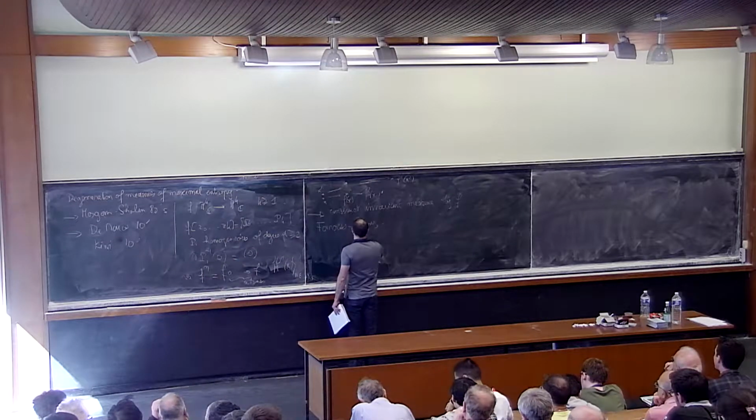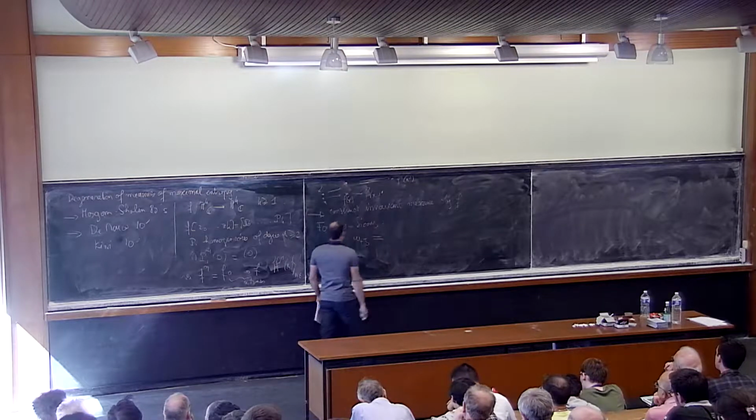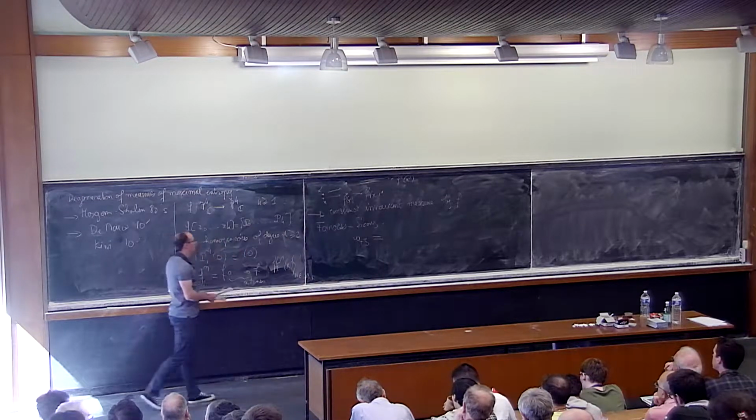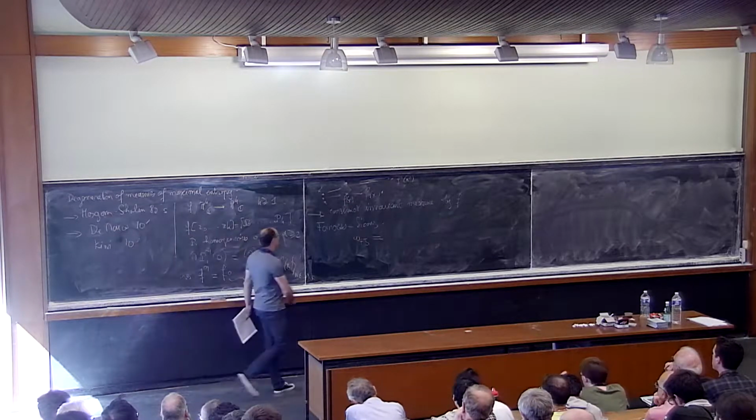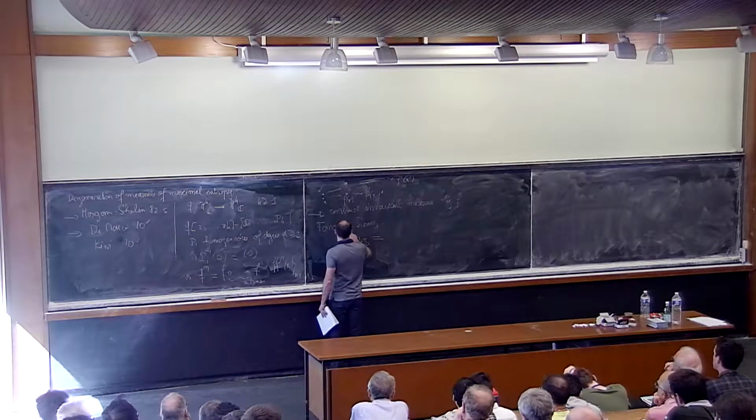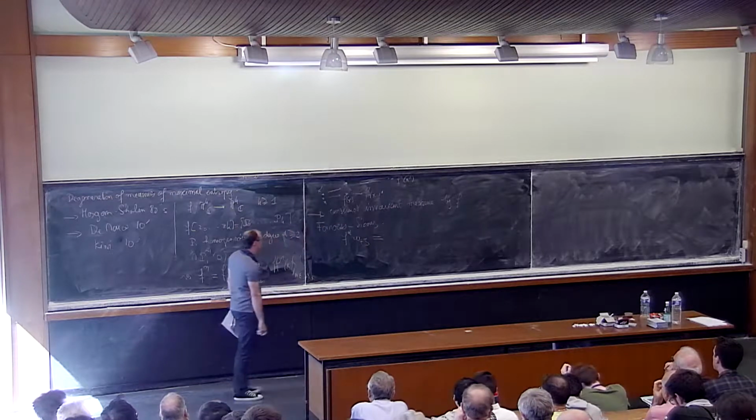So let's take the Fubini-Study form ω, a (1,1) form on P^k, and pull it back by our endomorphism f.